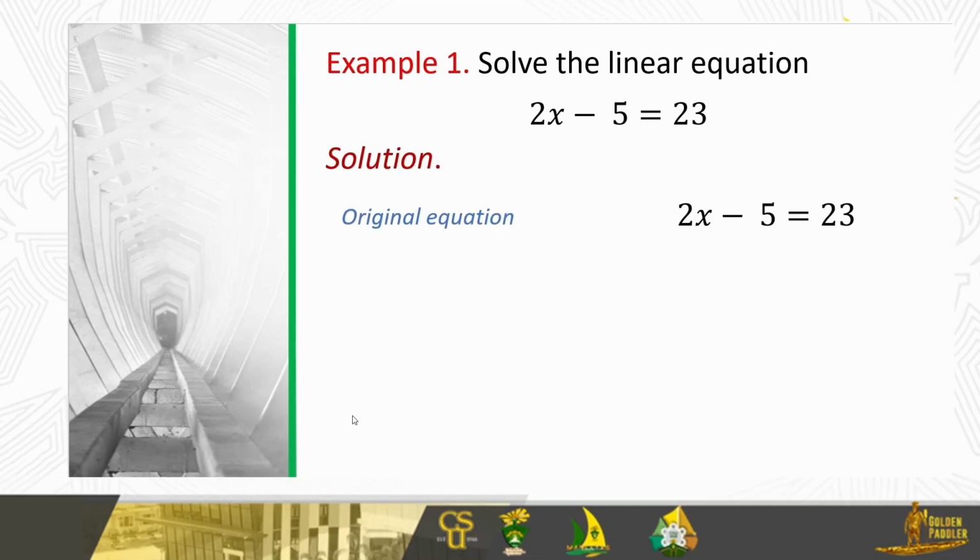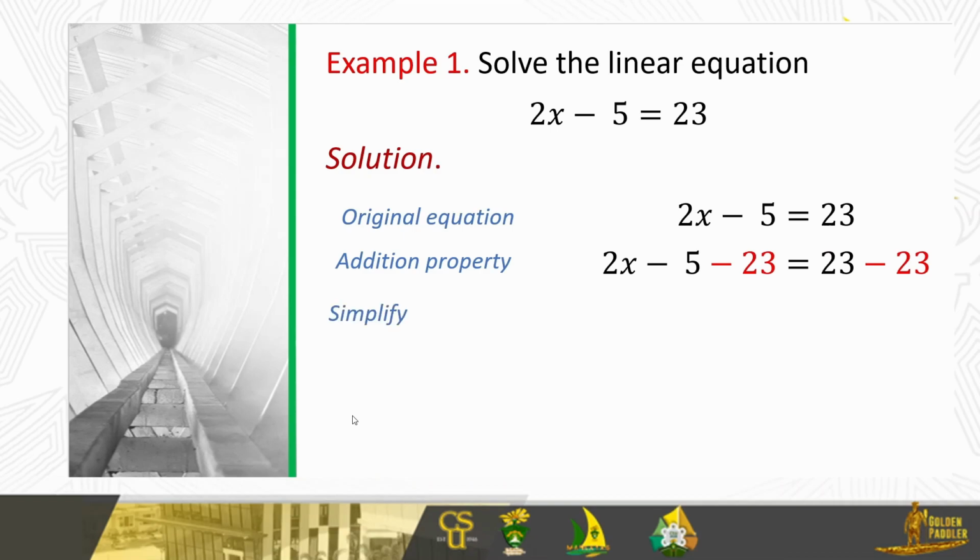So let's simplify first. From the original equation, we apply the addition property of equality by adding negative 23 to both sides. Then, combine like terms and we should get 0 on the right-hand side. And this equation is now in standard form. Clearly, it is linear.